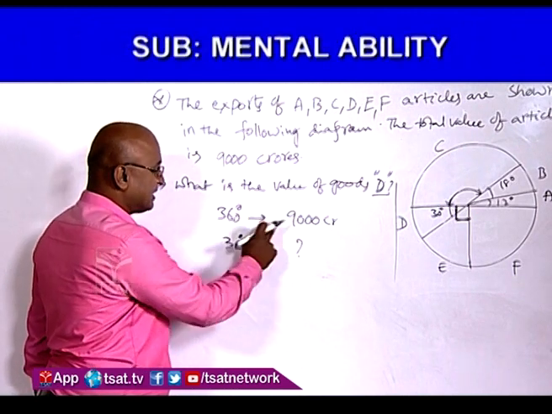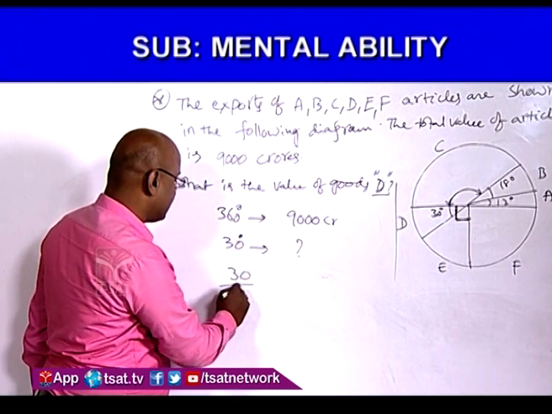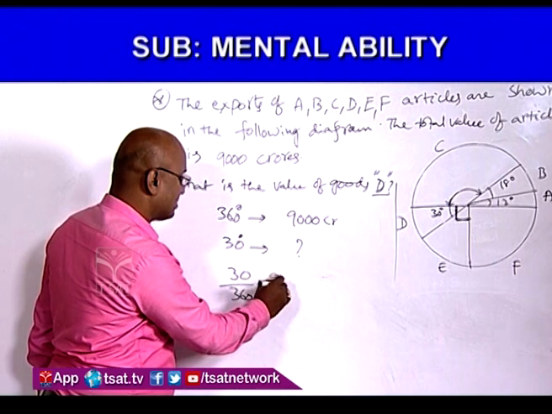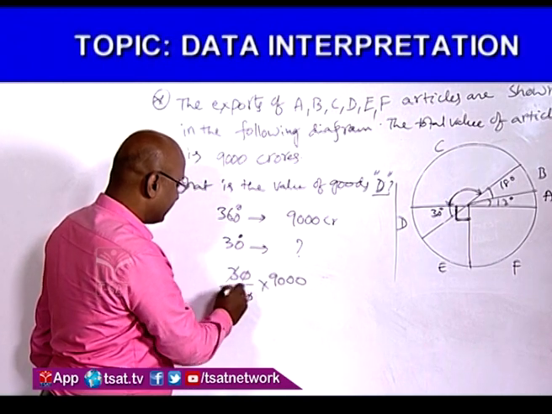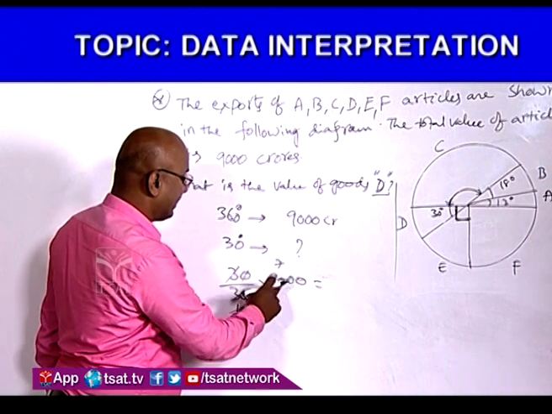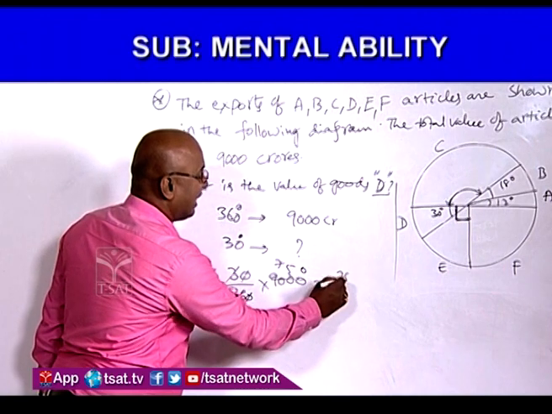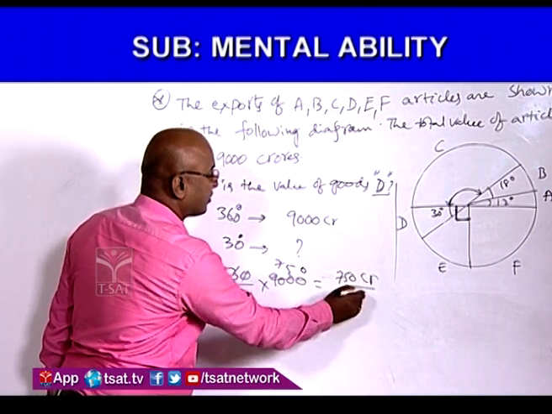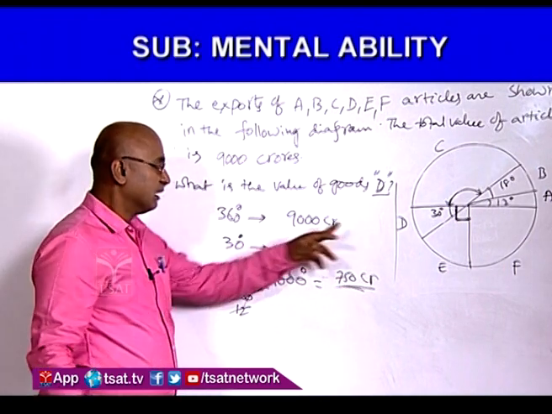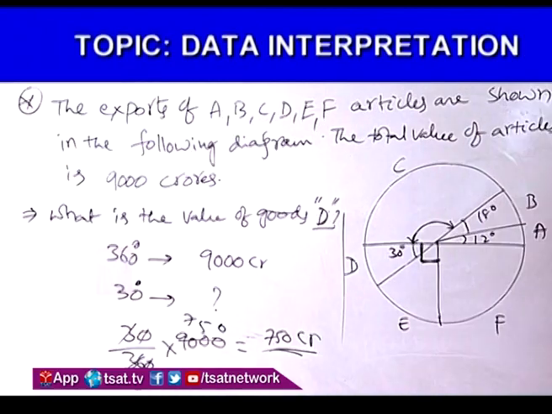So 30 by 360 into 9,000. 12 sevens are 84 and 12 fives are 60. So the value is 750 crores. So the sector D, 30 degrees, its value is 750 crores.